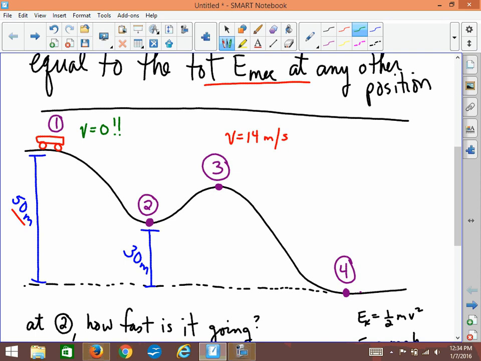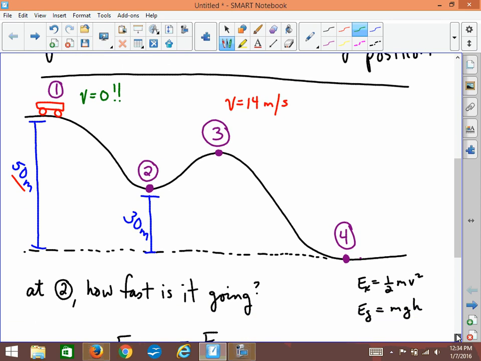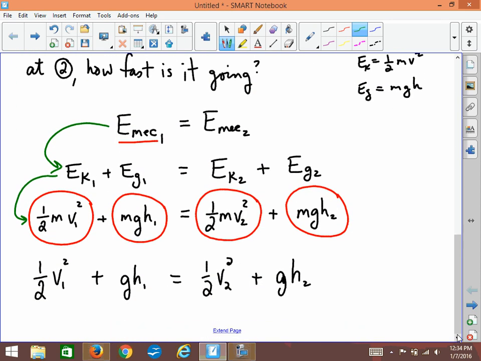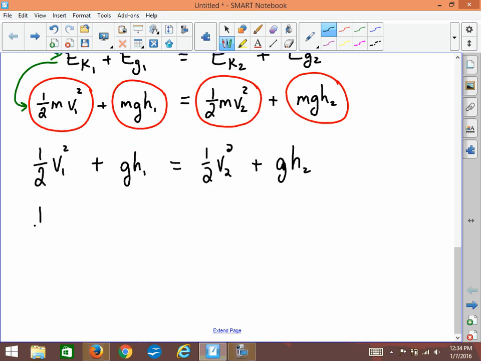So now I know two things about position 1. So let me go back to my equation and fill those in. The speed at position 1 is a 0. So that means it's 1/2 of 0 squared, and the height at position 1 is 50 meters. So that becomes g times 50. All right.